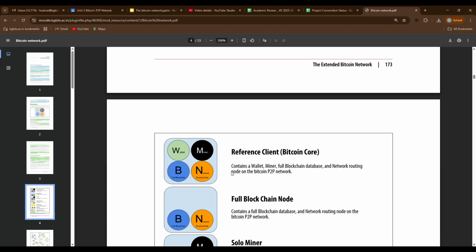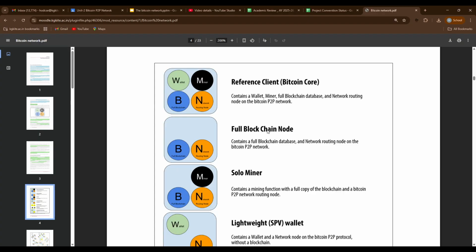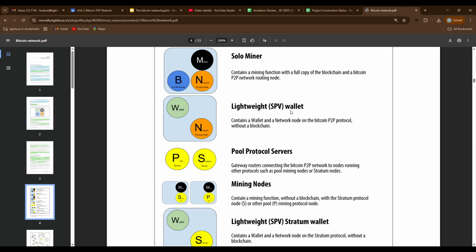So that was about the Bitcoin network. What are the different nodes? The Bitcoin Core or reference client, which has all the 4 functions. The full blockchain node, which has only the blockchain and the network. The solo miner will have the full blockchain, networking function, and mining function. The lightweight SPV client just validates, with networking.